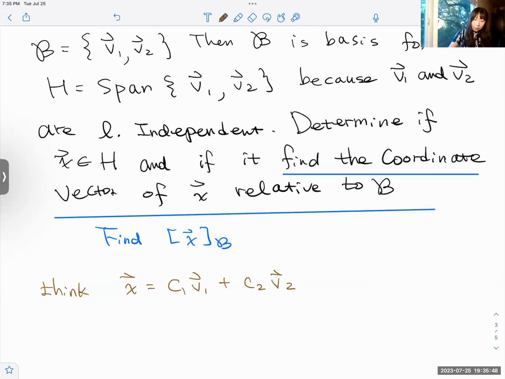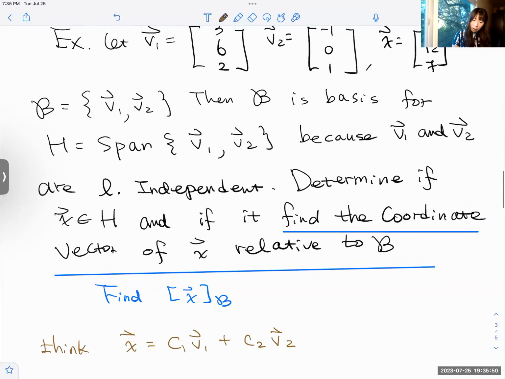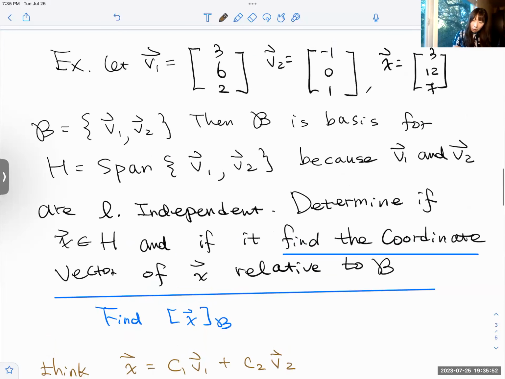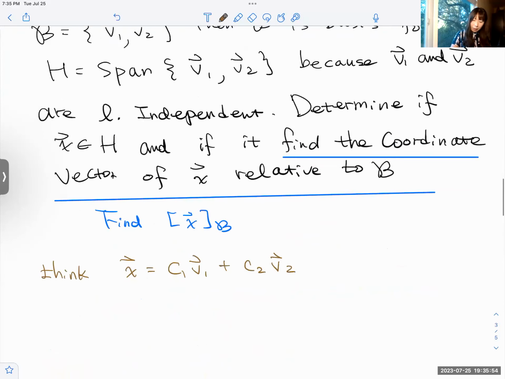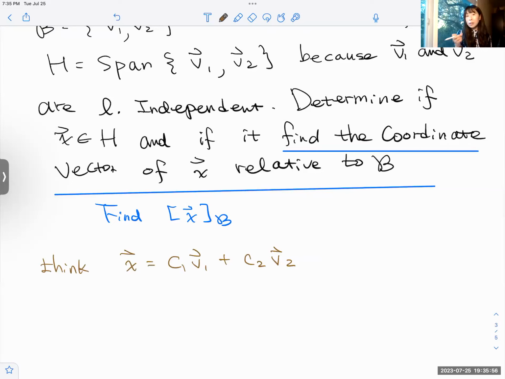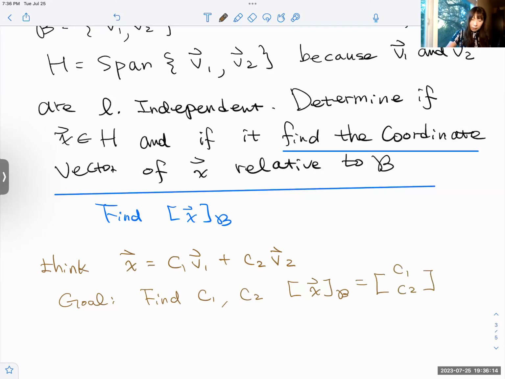Now x is given, b sub 1 is given, b sub 2 is given, right? So we want to find c sub 1, c sub 2, right? So the B coordinate is c sub 1, c sub 2, like that, right?